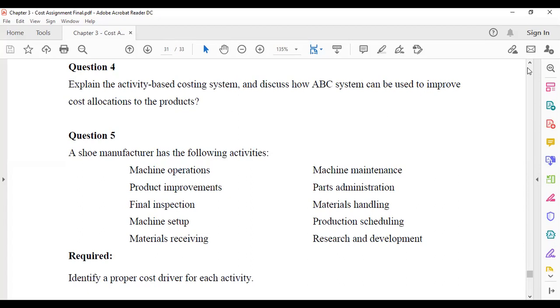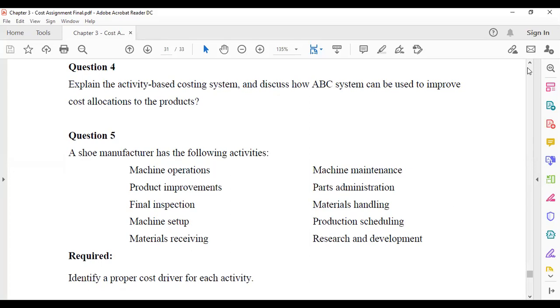Likewise, the different departments were considered as the cost centers. But in contrast, under the activity-based costing system, we recognize a wide range of activities, not just one or two, as the cost centers. Therefore, ABC has the greatest number of cost centers.